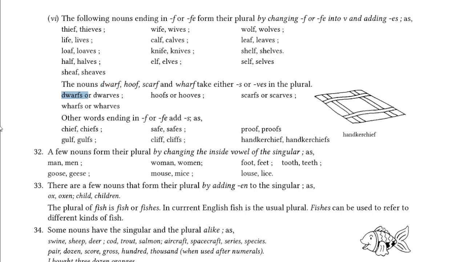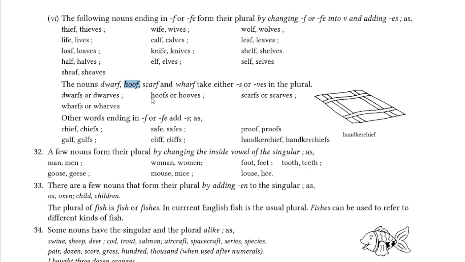Only S has been added to the singular form, and we have gotten a noun in the plural number. The second method is on the pattern that has previously been discussed, replacing F with V and then adding ES.